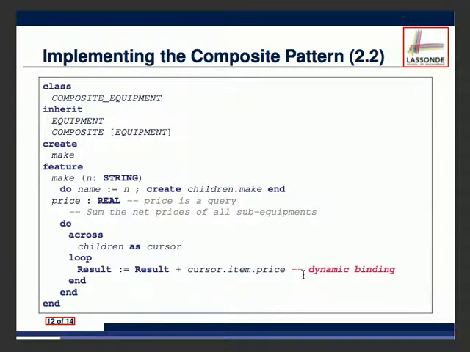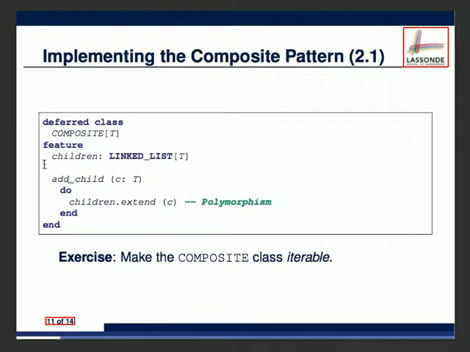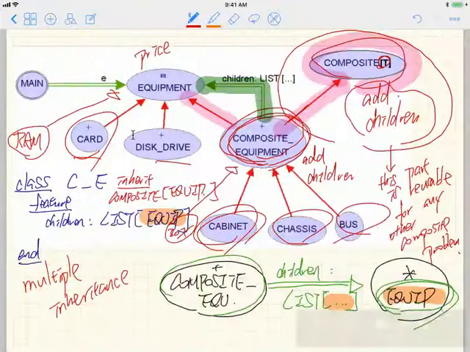If you look at this code, back to the composite, first of all you can see the children is going to be linked list of T. Now, in the case of composite equipment, we instantiate T to be equipment. That means the static type for every element we store in the composite is equipment. Now, the dynamic type can be any modeling component in the descendant classes.